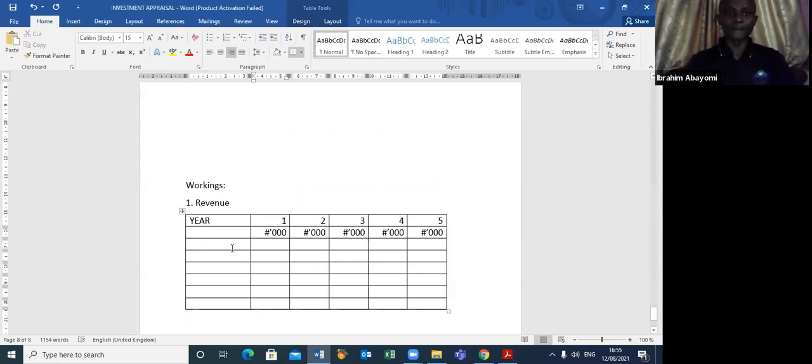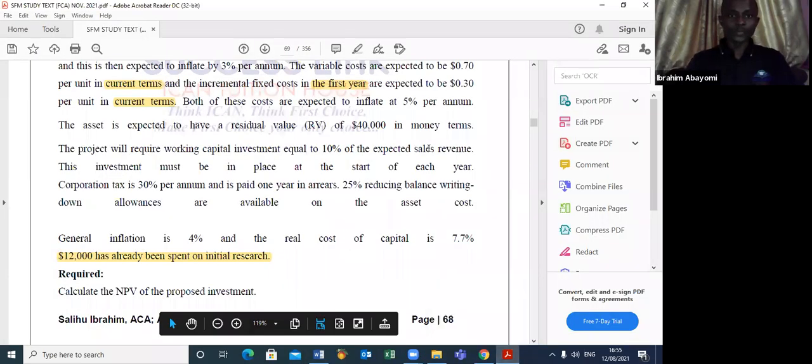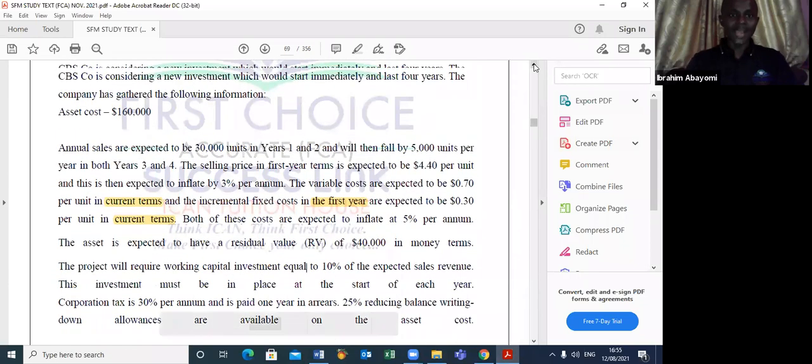Okay, so the first one is our units. What is the unit? We're told that 30,000 will be produced in the first year, and it will now decline by 5,000 units per year in both year 3 and 4.